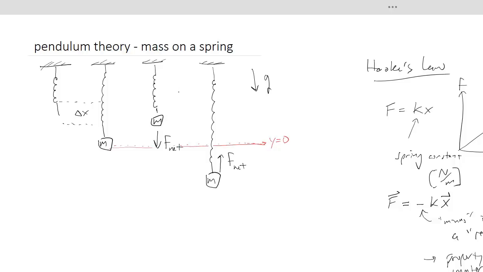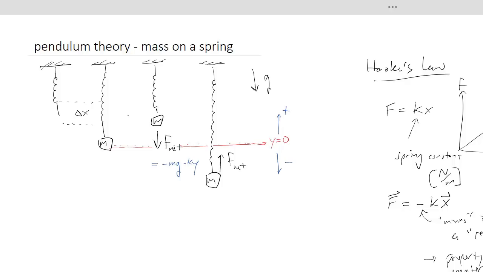And so this net force, let's use a different color, is a combination of, let's treat this direction as positive and this direction as negative. We have minus mg, and of course minus ky.